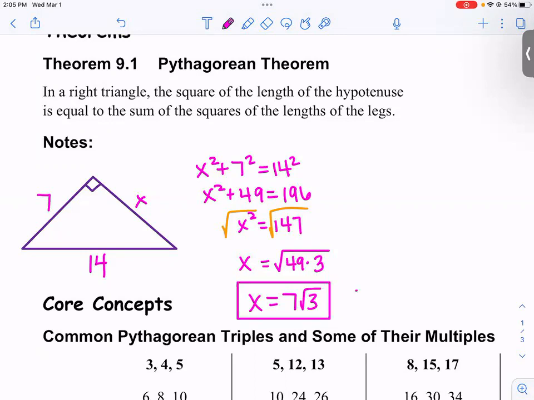What's the reason for this? Why don't we just do decimals? Can you trust me that working with radicals will help us when we get to other parts of this chapter?